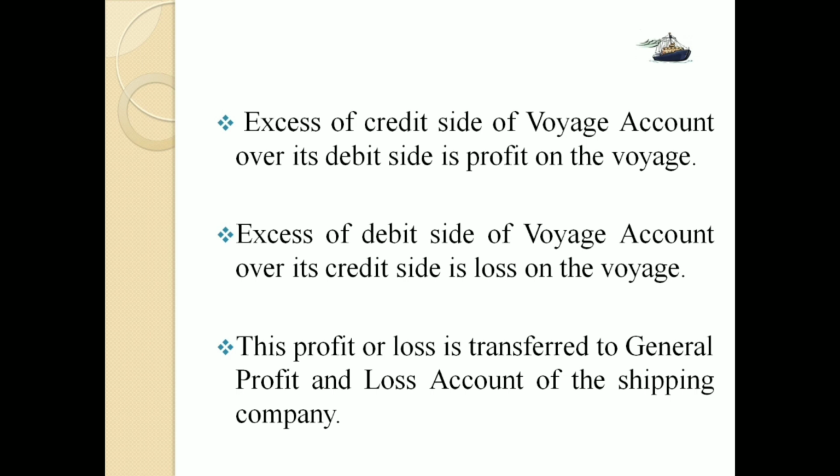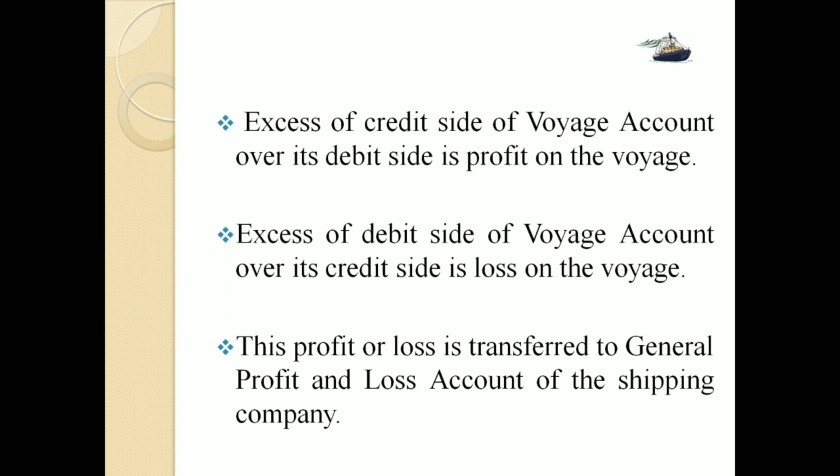Then the excess of the credit side of the voyage account over its debit side will normally be a profit situation, and vice versa: if the debit side is over the credit side, there will be a loss situation. This is the normal situation.